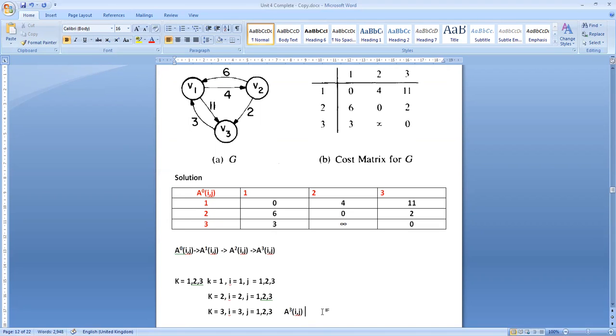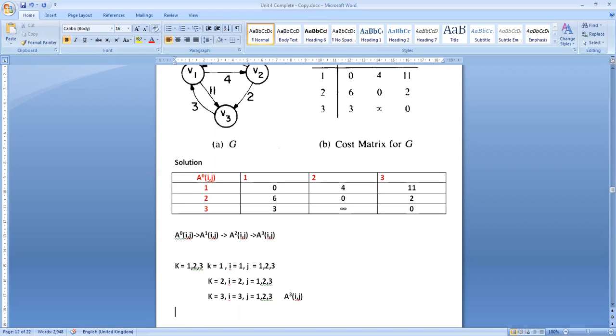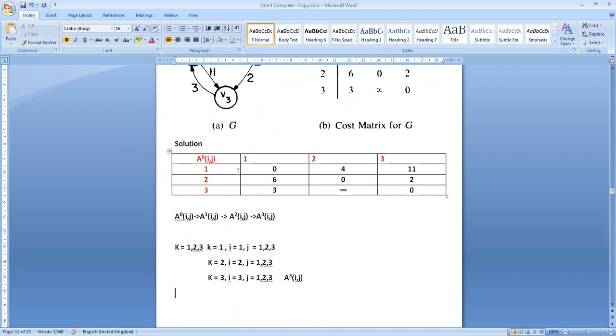So first we should try to find what this A1 of I comma j is. I copy this one.